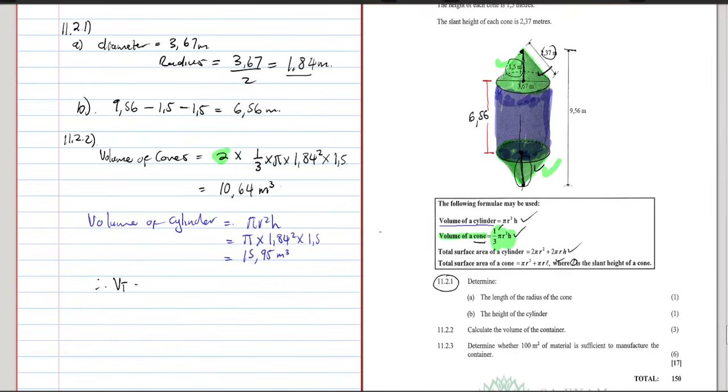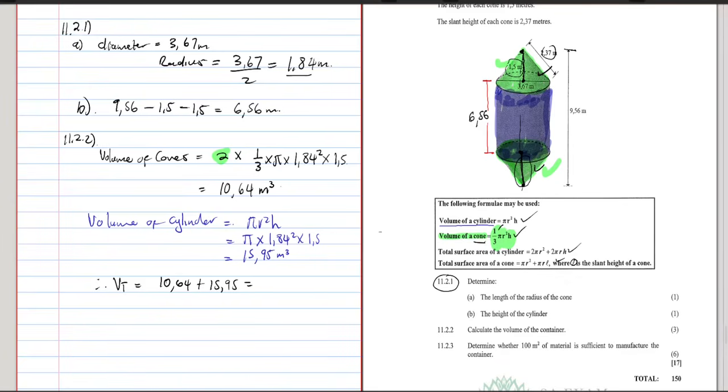Therefore, V total is 10.64 plus 15.95. Wait, okay, no, something is wrong.